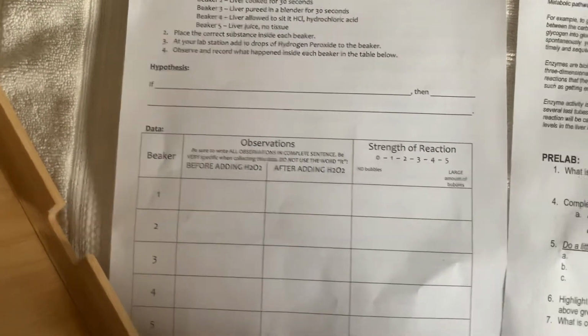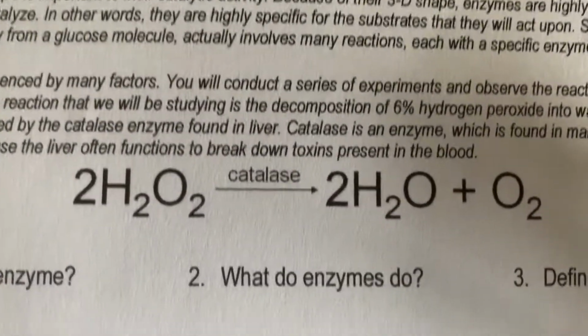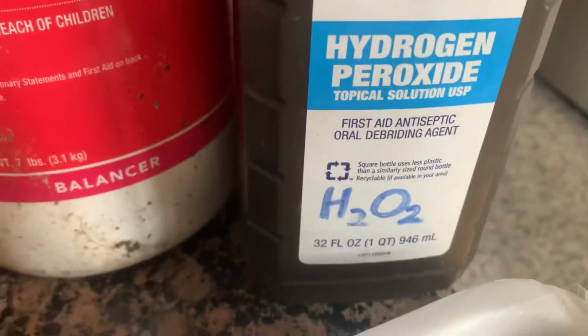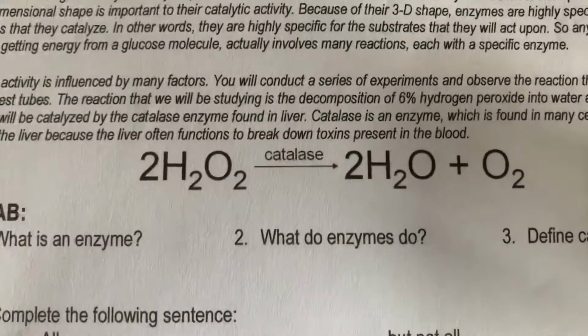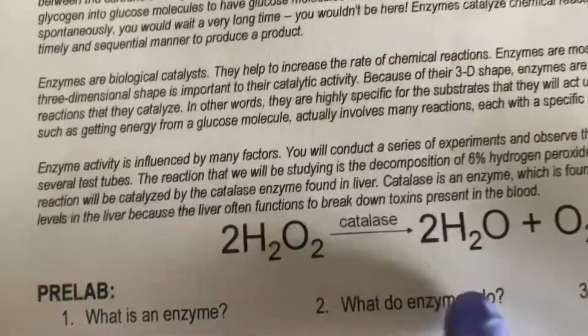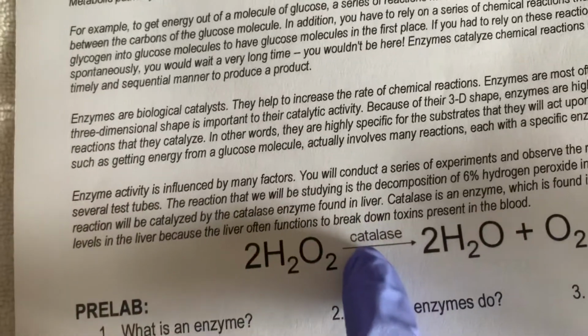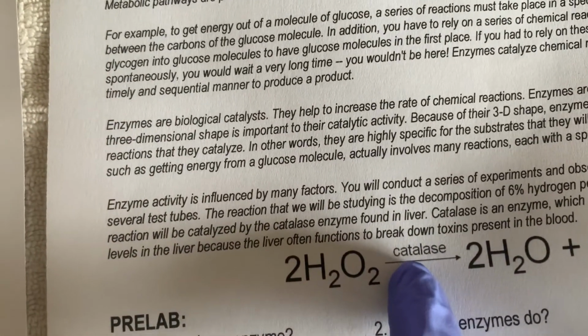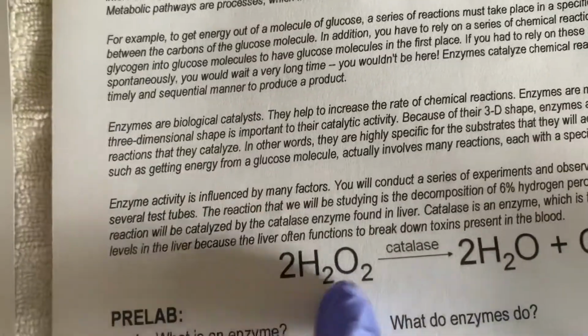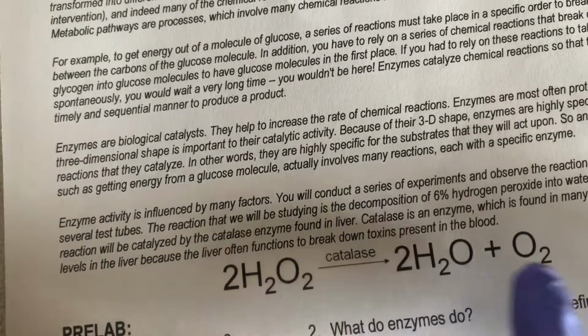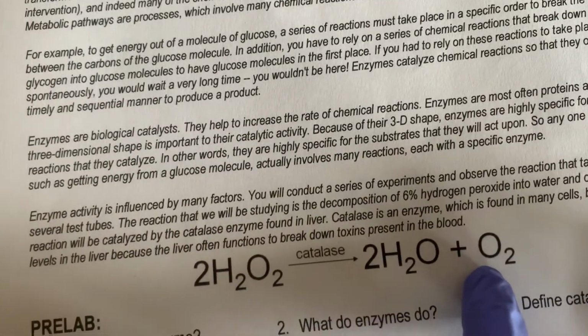The enzyme in the liver is called catalase, and what it does, if you can see this equation here, when we have hydrogen peroxide, when that is added to the liver, what's supposed to happen is the hydrogen peroxide in the presence of catalase, the enzyme in the liver, breaks down the hydrogen peroxide into water, 2 molecules of water, and oxygen.